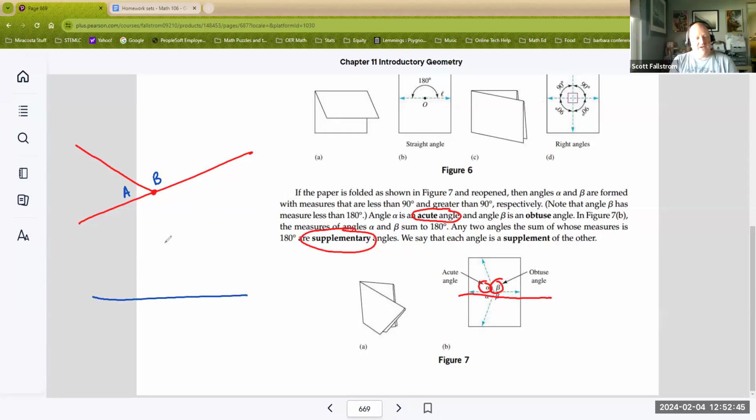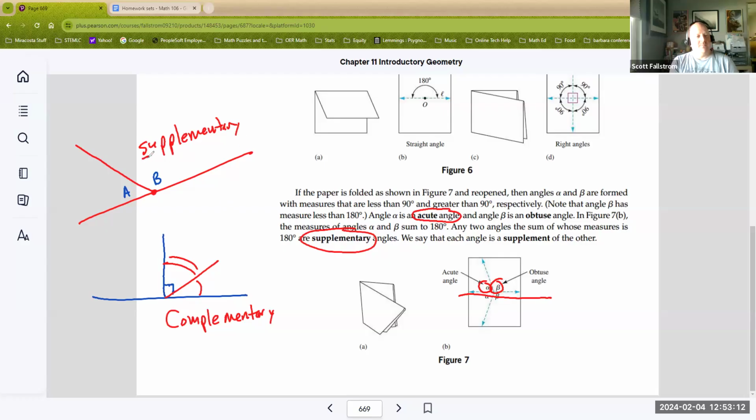If you drew a line straight down and made a right angle, you could do the same type of thing where you create another angle over here, and my two angles add up to 90 degrees. That is known as complementary. So when they add up to 180, supplementary.